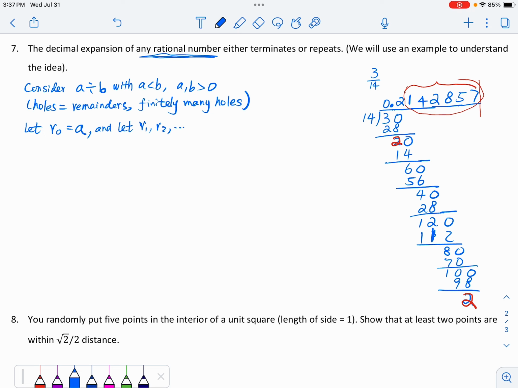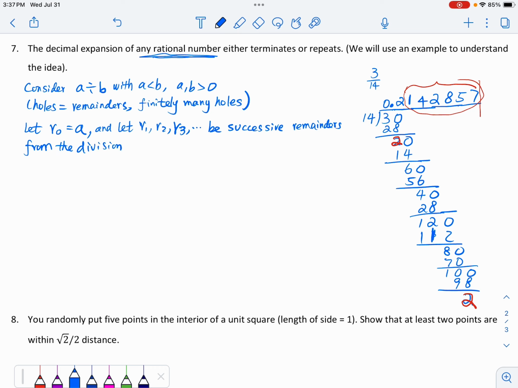If you want to, you can continue this process indefinitely. There would be infinitely many remainders if you want to continue, but they will repeat. That's the whole point. So let R1, R2, R3, and so on be the successive remainders from the division.